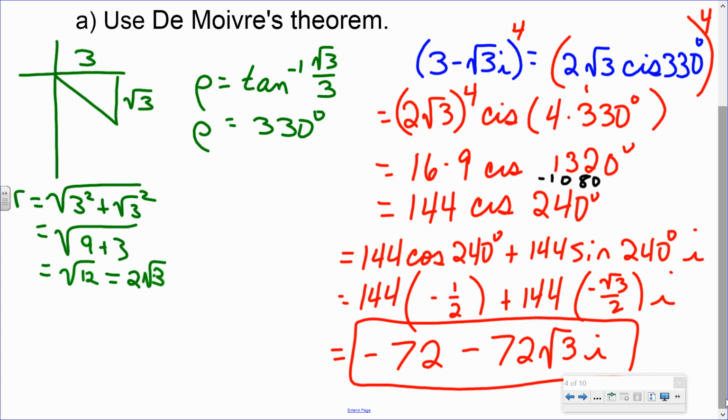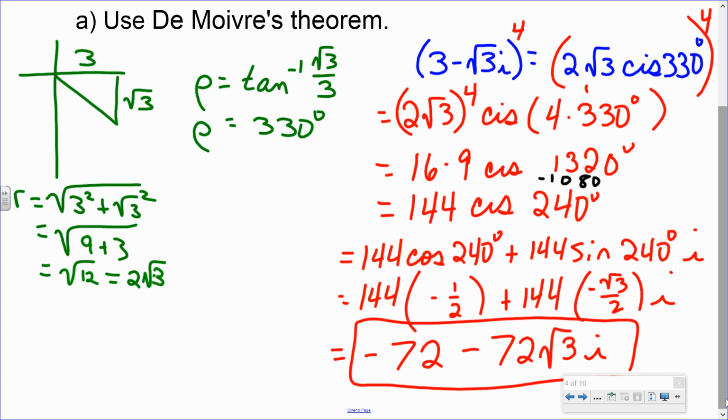So the DeMoivre's theorem part was relatively easy. Most of our time was spent converting between polar and rectangular on this one, right? But DeMoivre's made the actual calculation of the power relatively easy. Do we have to use DeMoivre's? Unless it's only to the fourth, so we're going to do this one manually next. And in general, to answer your question, if the directions say use DeMoivre's, you must use DeMoivre's.